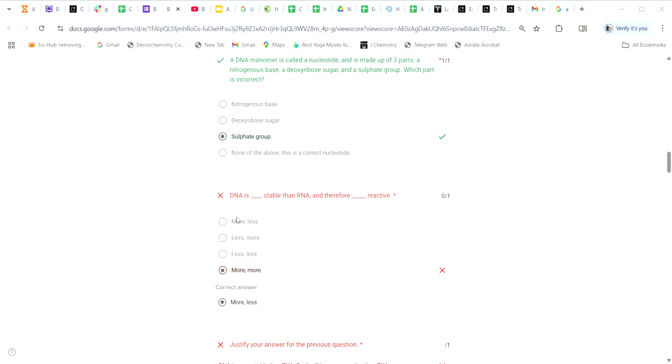RNA is more reactive than DNA due to the presence of a 2-hydroxyl group on its ribose sugar, making it susceptible to hydrolysis. RNA, containing ribose sugar, is more reactive than DNA and is not stable in alkaline condition.